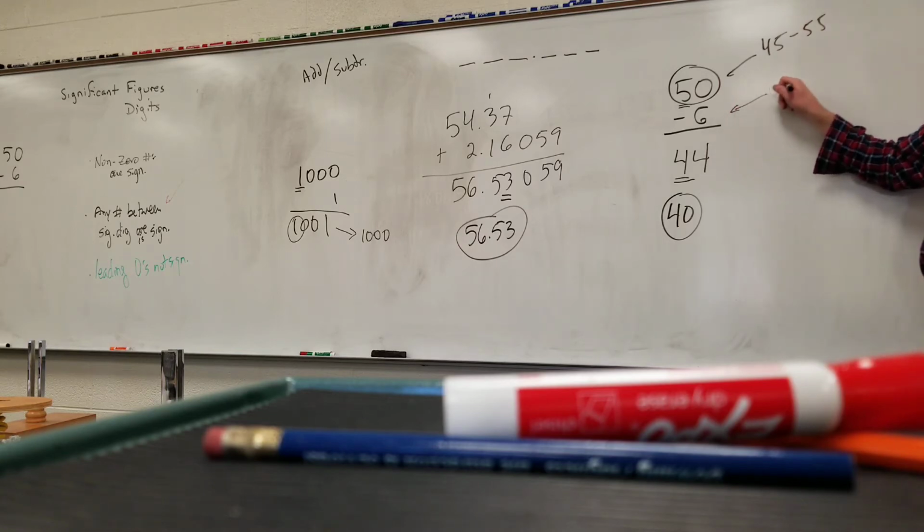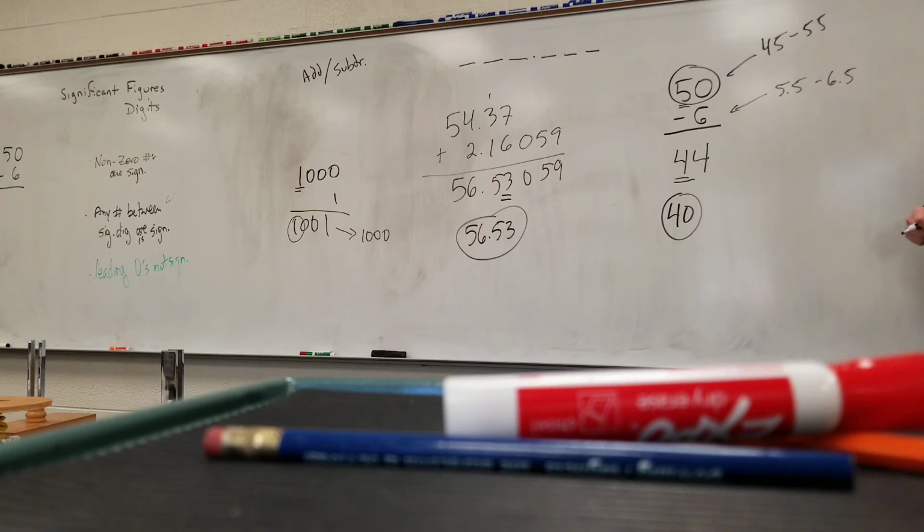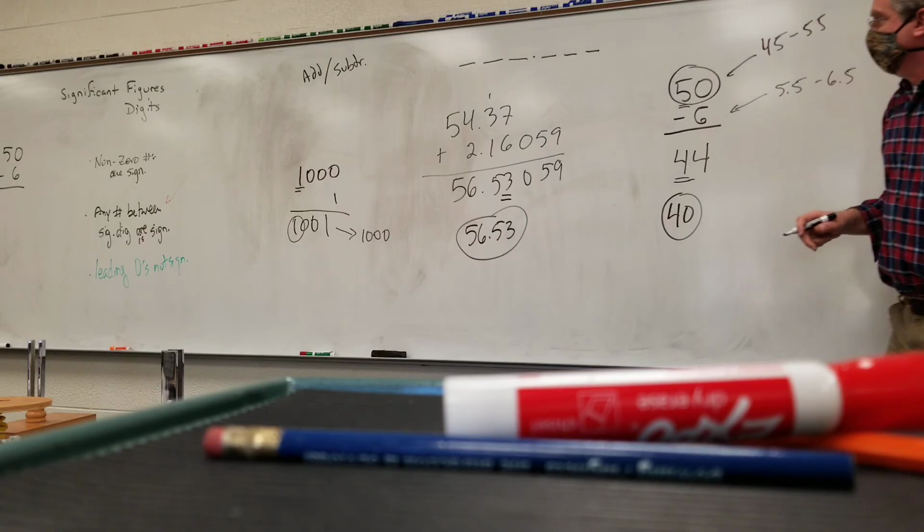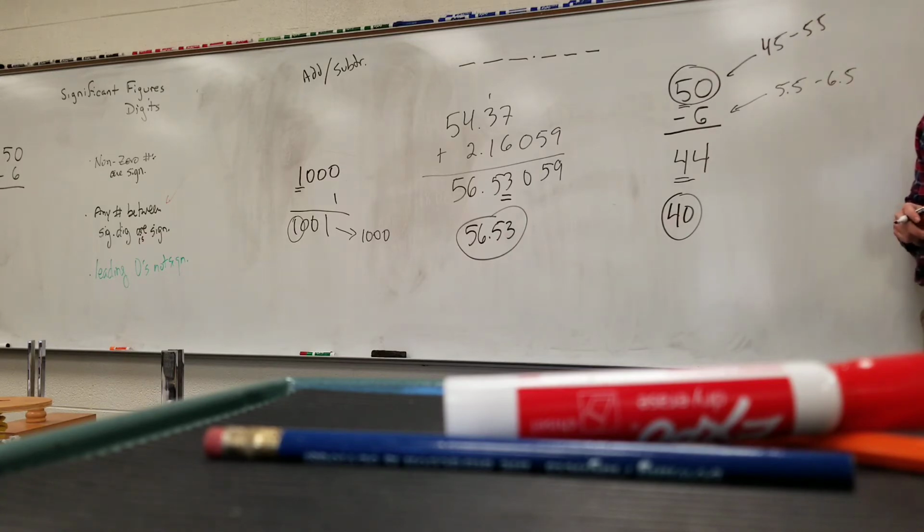This 6 right here represents some number between 5.5 and 6.5. Right. So are there questions up to here before I talk about the borderline cases?